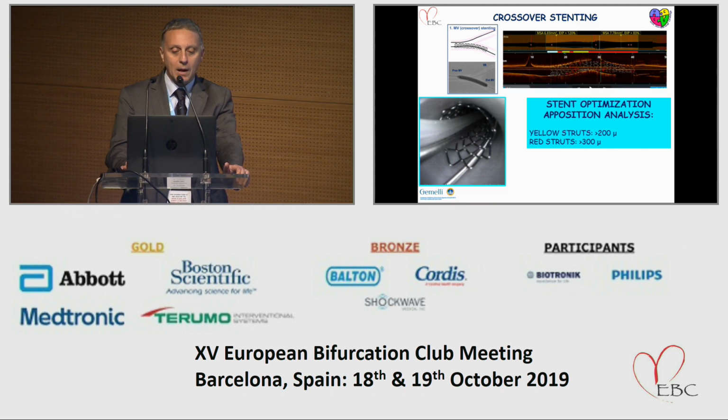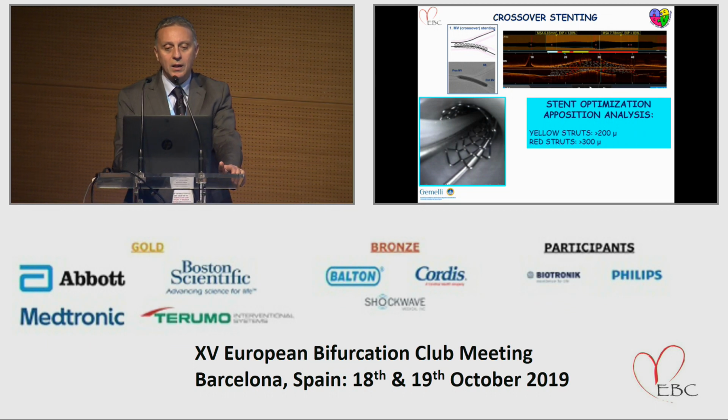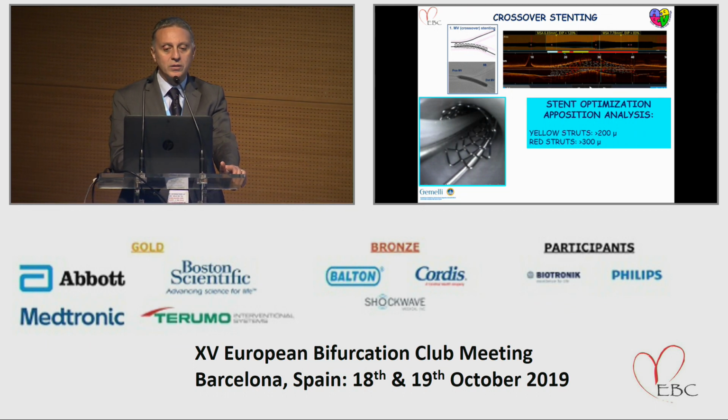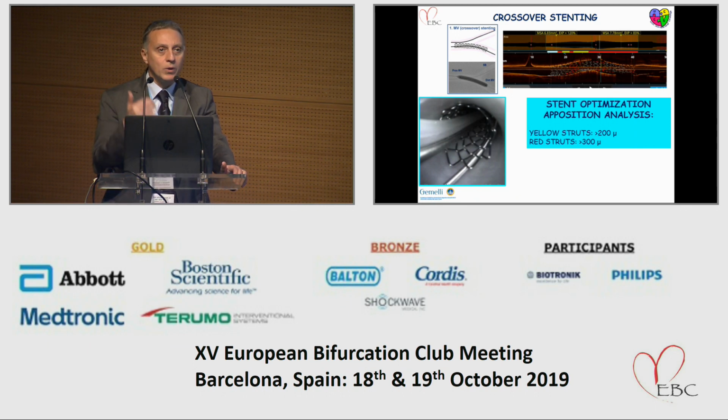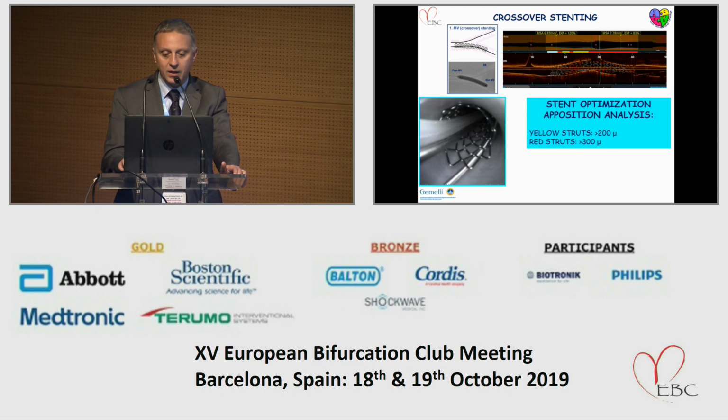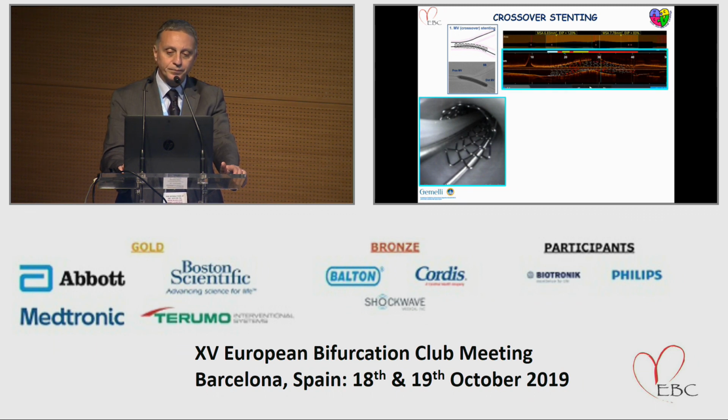And so if we apply this, you see here that you have a lot of red and yellow areas. And when you look at the area proximal to the bifurcation, you see that it is all over red. So there are all cross-sections with the malapposed struts that are so far from the vessel wall.